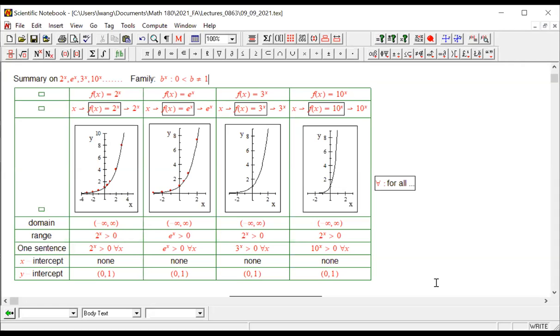So Professor, we can say exponential families are increasing functions. For base larger than 1, they are increasing. But what if the base is between 0 and 1? Because you look at these bases, right? This base is larger than 1, and so are the others.